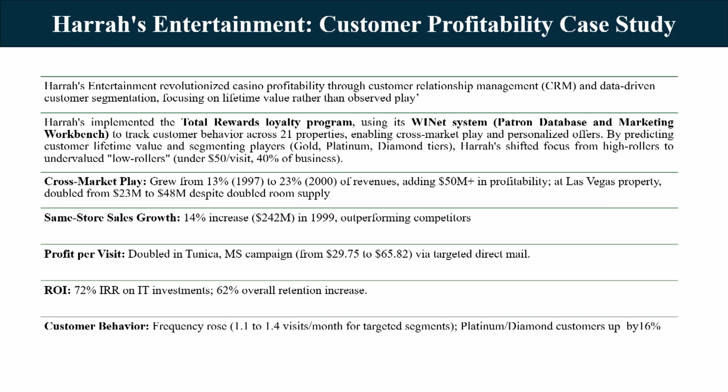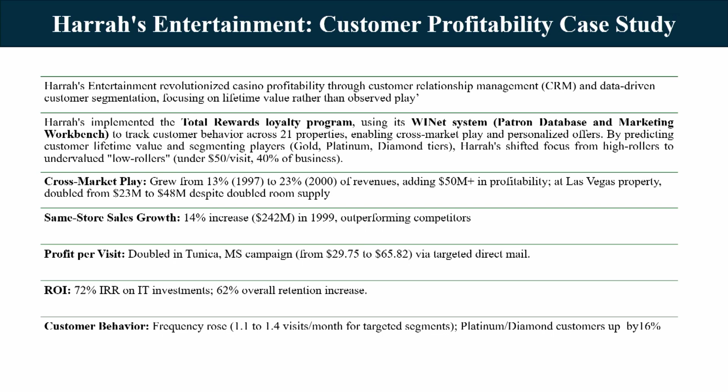So, what did it do? It implemented the Total Rewards loyalty program using the WinNet system. They introduced a system through which they started implementing the rewards loyalty program, right.